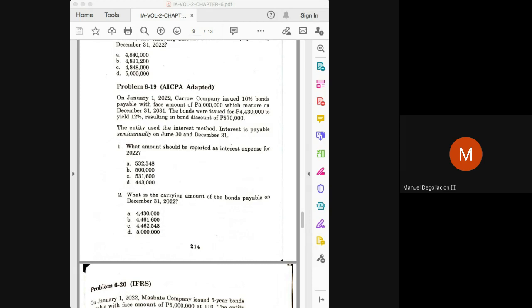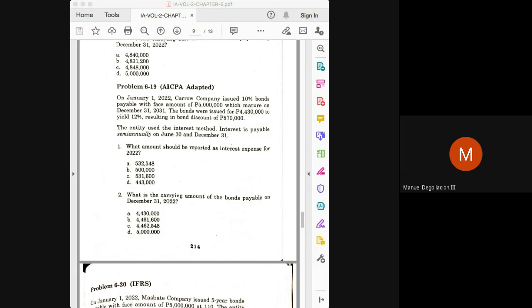We already have the interest expense for the second 6-month period. We just have to compare it with the fixed interest payment of 250,000, and that would mean the amortization on the discount for the second 6-month period would be 16,748. So if the amortization on the discount for the second period is 16,748, how much then would be the remaining discount? How much then would be the unamortized discount?